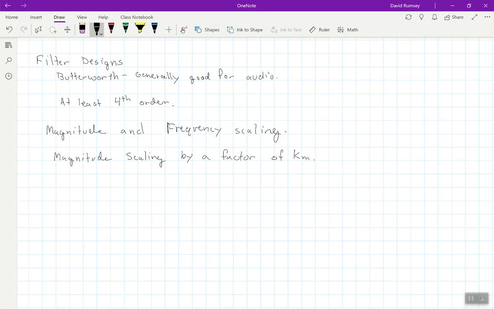The way that works here is the new value of a resistor would be Km times the old value of the resistor, the new value of an inductor would be Km times the old value of the inductor, and finally the new value of the capacitor would be the old value of the capacitor divided by Km. That really has to do with the impedance equations.